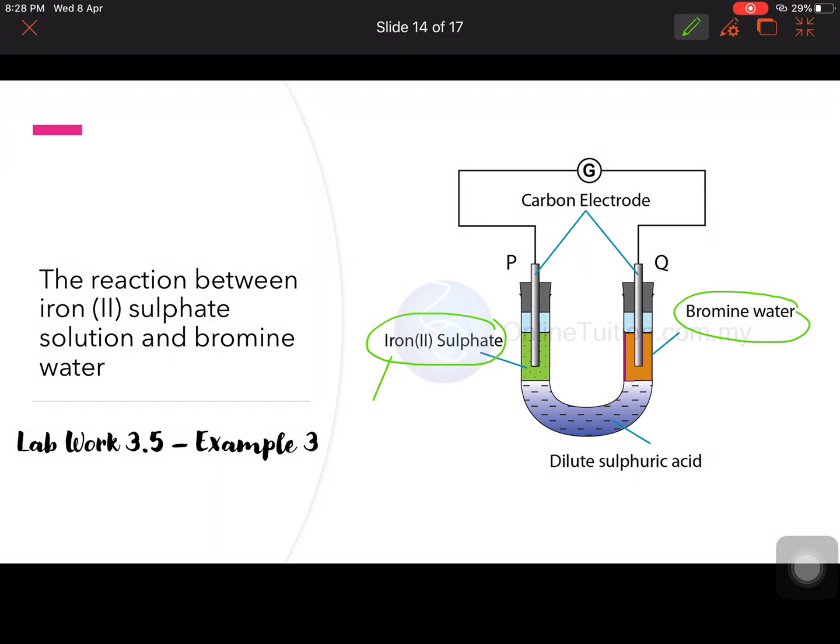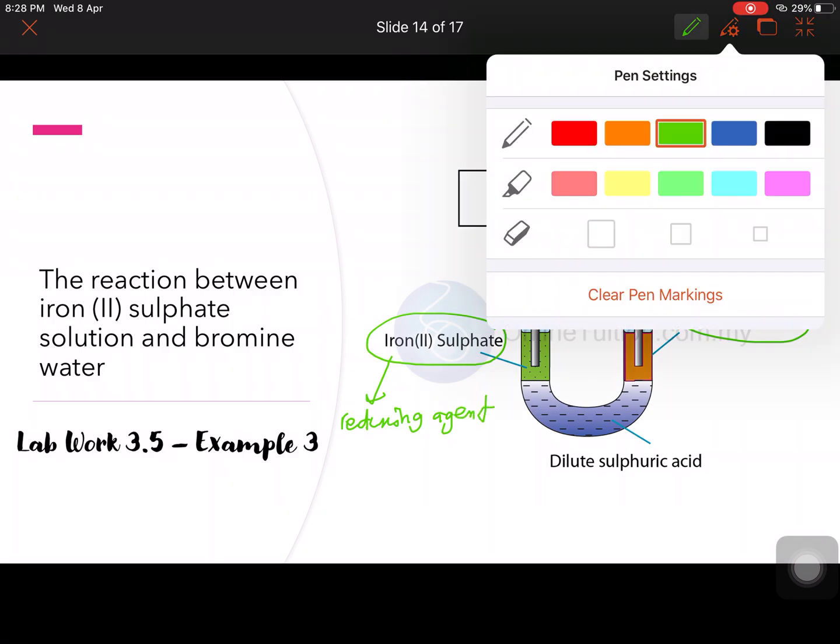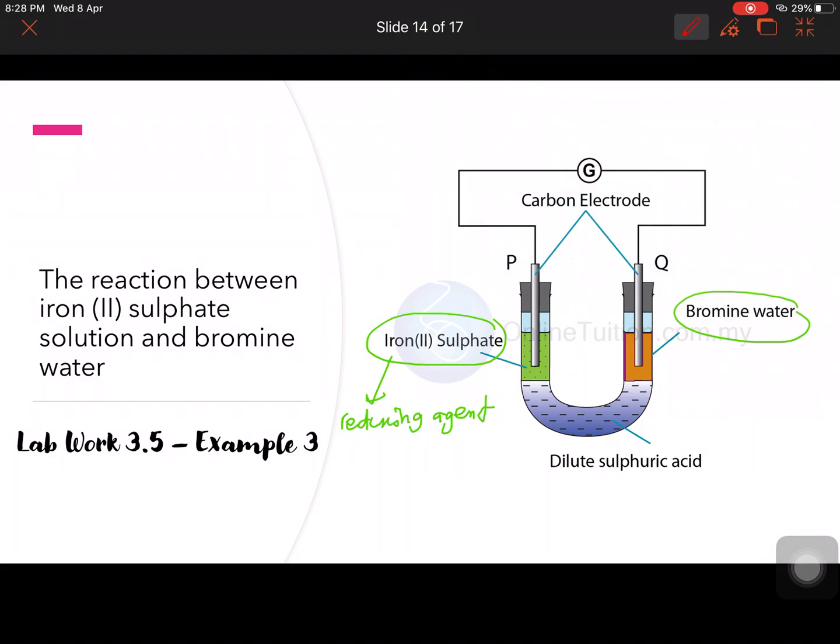So this one lah reducing agent. This side akan undergoes reduction ataupun oxidizing agent.